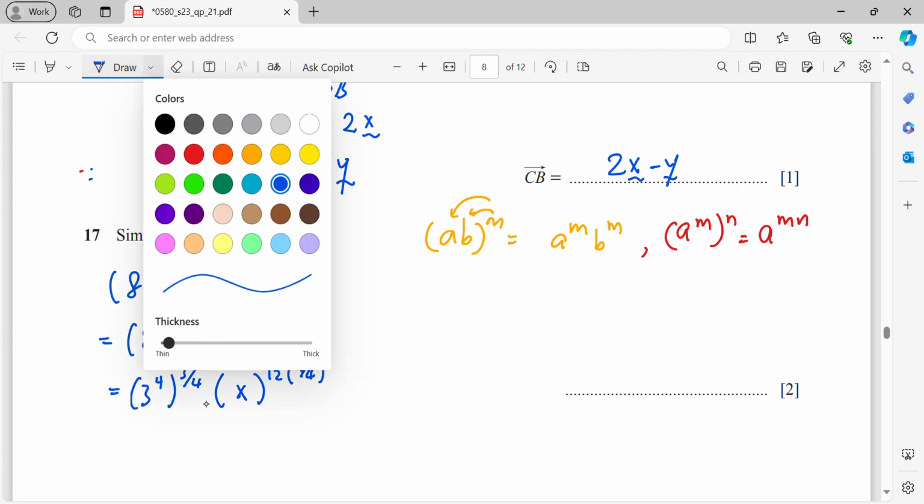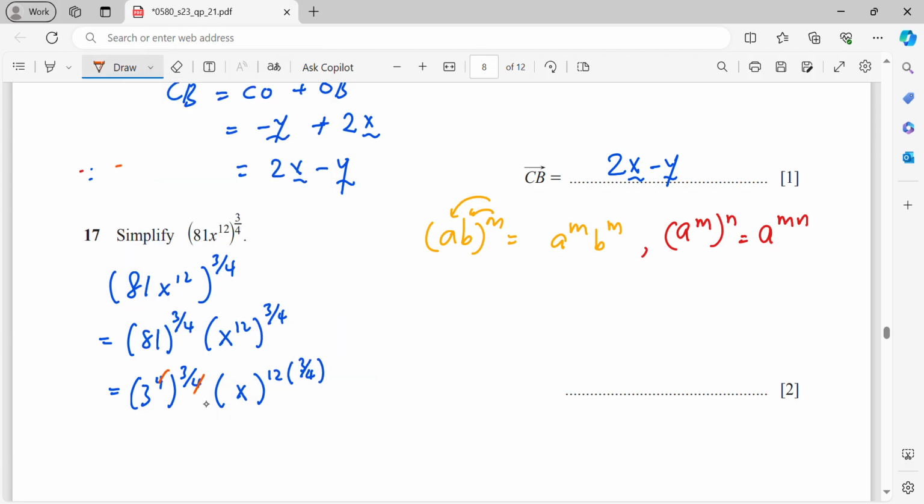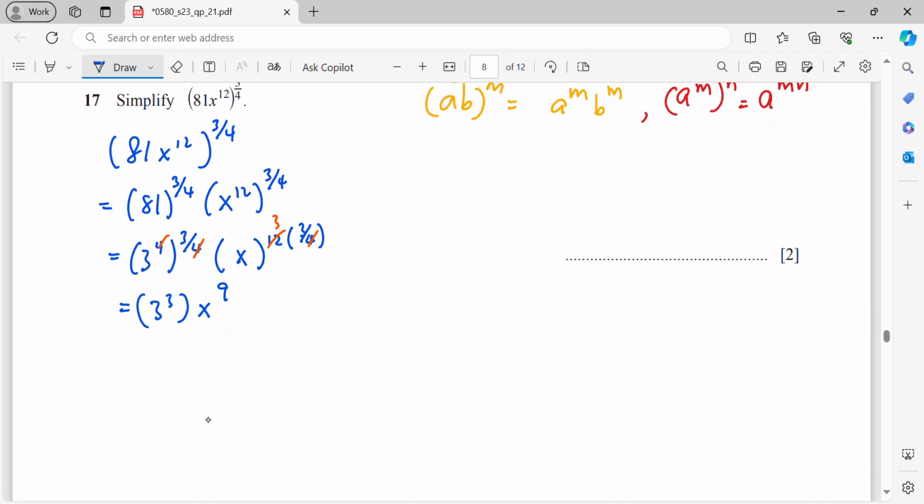Now you can simplify the powers first. 4 and 1 over 4, then 12 and 4 becomes 3. So I will be getting 3 to the power 3 times x to the power 9. The 3 to the power 3 is 27, so it is 27 times x to the power 9. That is the solution.